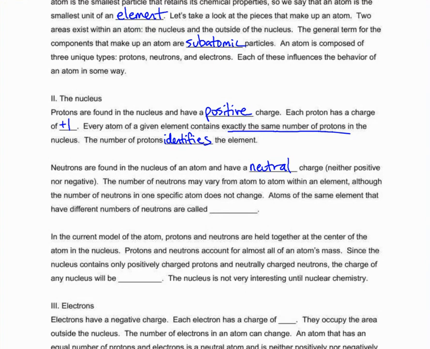If we're looking at a group of atoms, we might have different numbers of neutrons, but one specific atom will stay the same. Atoms of the same element with different numbers of neutrons are called isotopes.